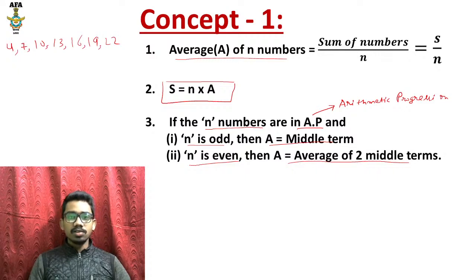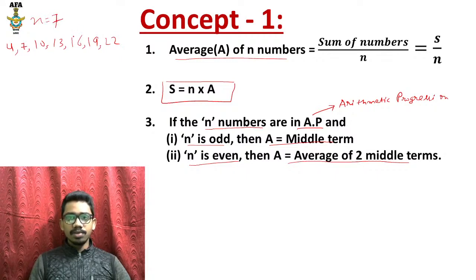There is a difference of 3. 4 plus 3 is 7, 7 plus 3 is 10, 10 plus 3 is 13. How many numbers are there? Here n equals 1, 2, 3, 4, so n equals 7.